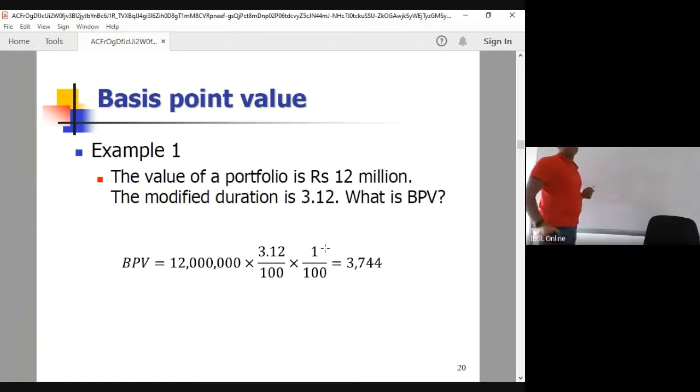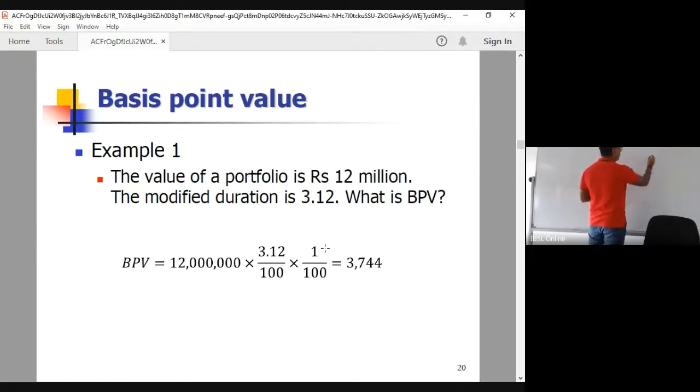Once you know the duration, say 4 years or whatever, the modified duration, which is 3.1, is calculated based on the impact of a one basis point move on that particular portfolio. So you have 12 million, which is the value of the portfolio, you have modified duration, which is 3.12%, and you have a 1 basis point move. So you are trying to calculate what the dollar value, or rupee value, of the move is.